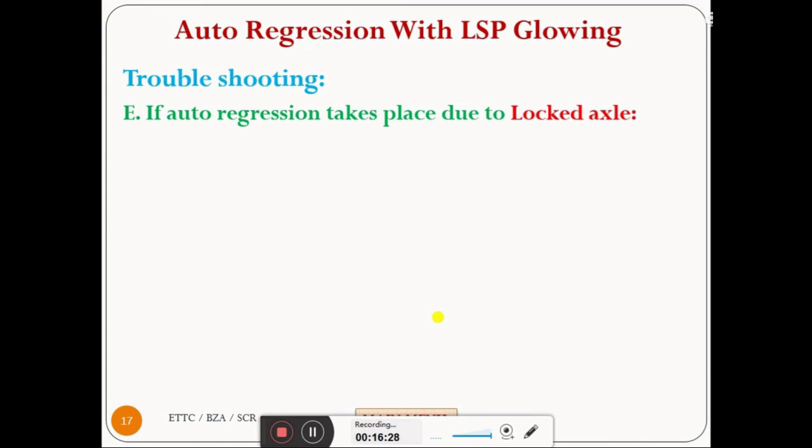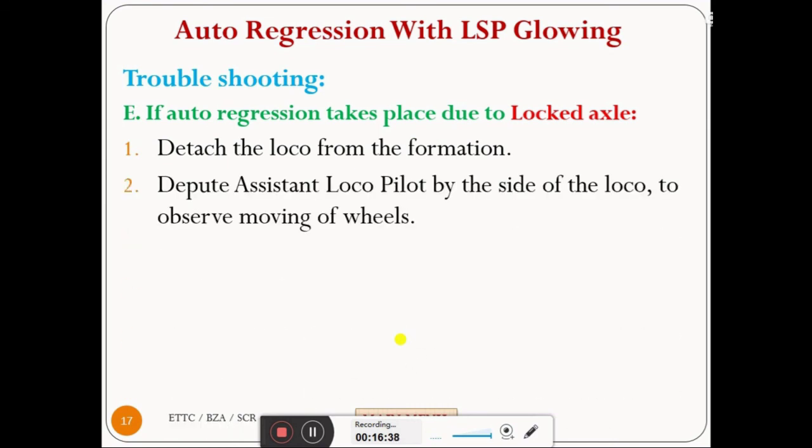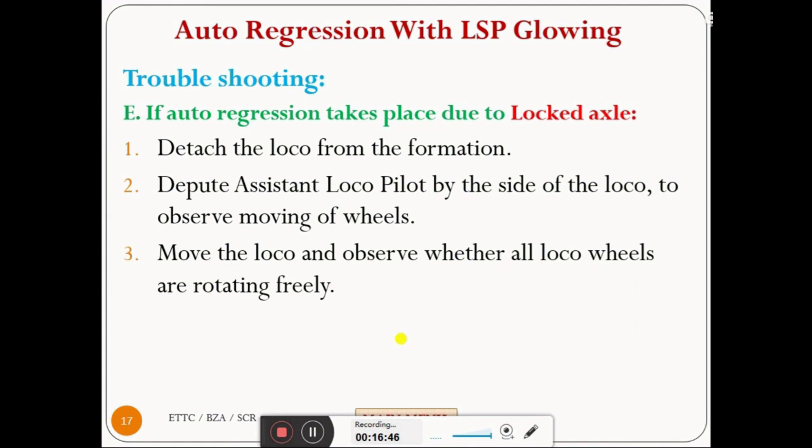And next one, if auto regression takes place due to locked axle, detach the loco from formation. Depute assistant loco pilot by the side of the loco to observe moving of wheels. Move the loco and observe whether all loco wheels are rotating freely.